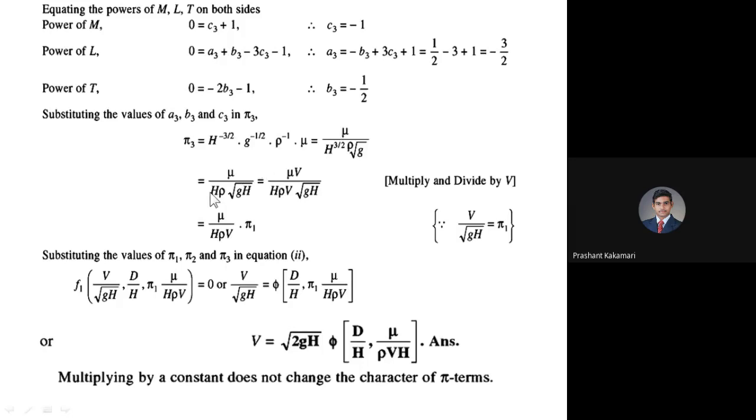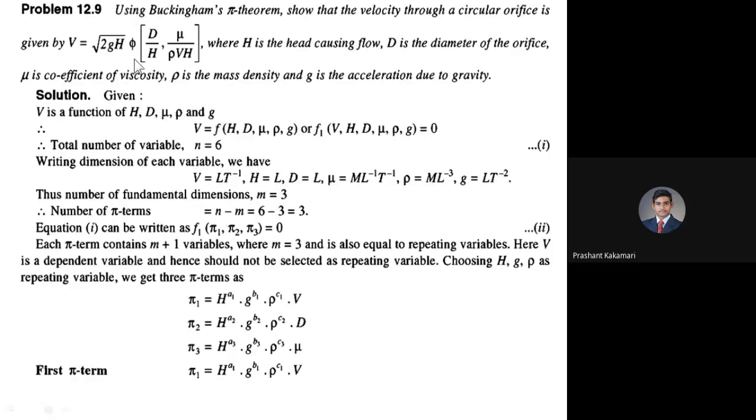So mu divided by h rho into square root of 2gh they have taken. Now they have multiplied and divided by v. These things need not be done regularly, but what they have done in the question is, we need to prove it. Not only finding one equation, you can skip it, but finally the problem only they have mentioned what to be found out.